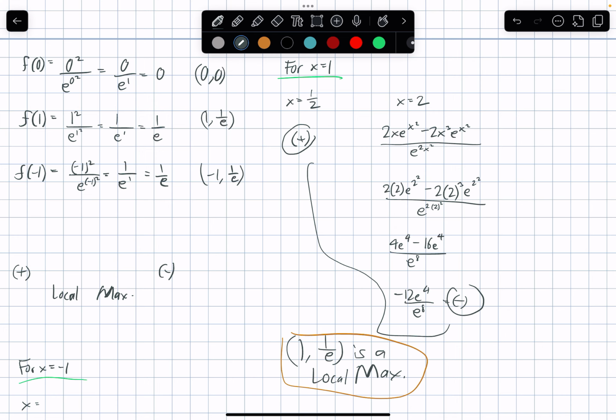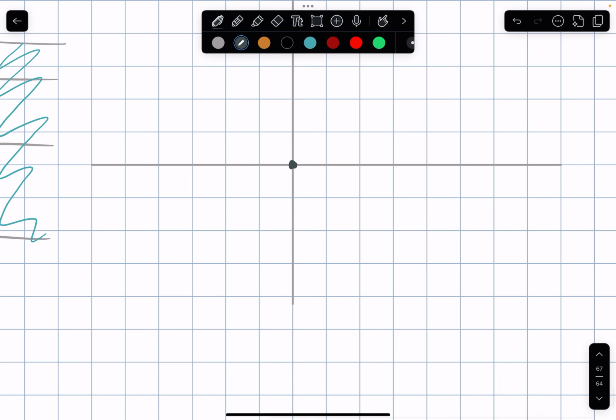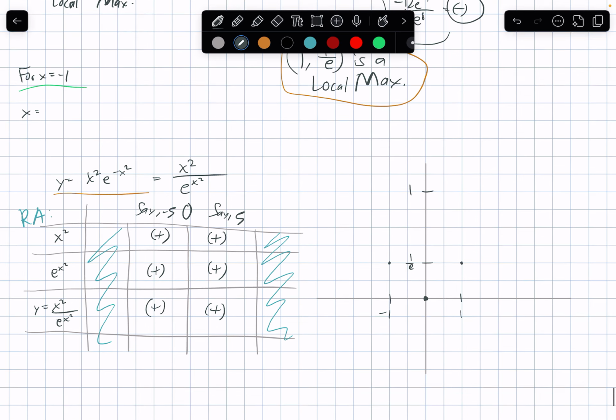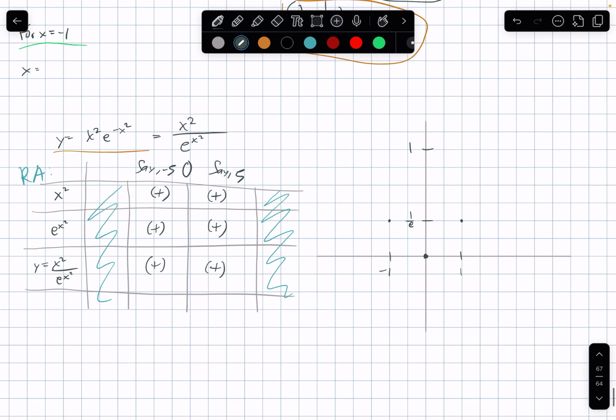The other two are those. So in the x position, we have 1 and -1. 1 over e, let's say this is 1. 1 over e is somewhere here, right? So these are the two critical points. What else?